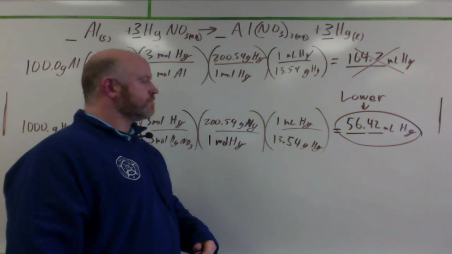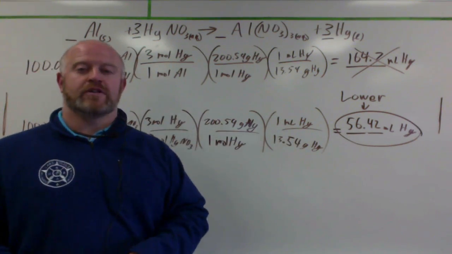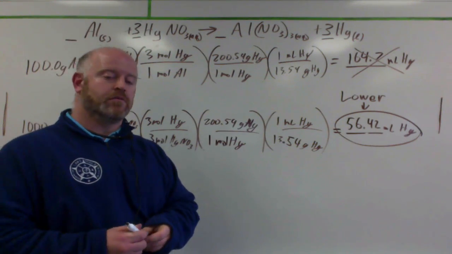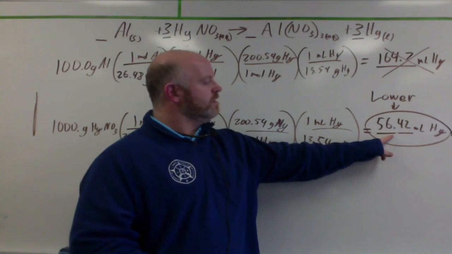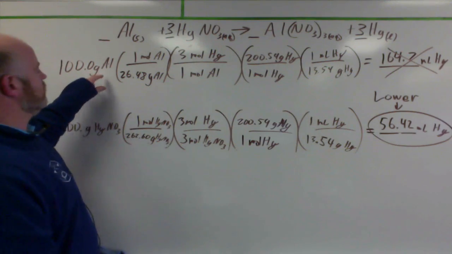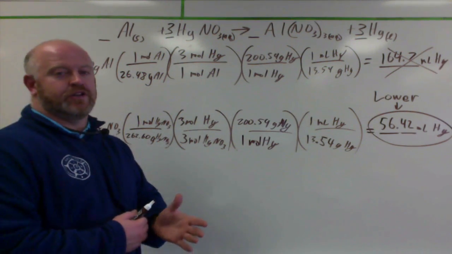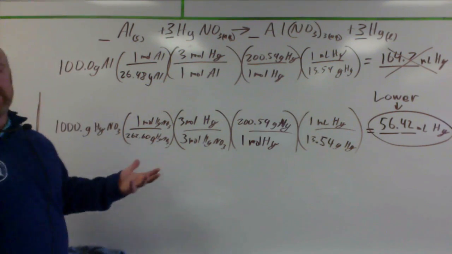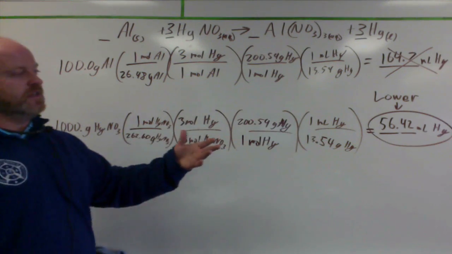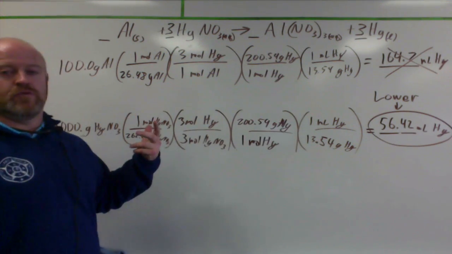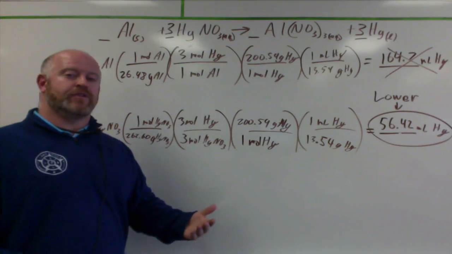Okay? Now, you could take it one step further and say, well, if this is how much we've made, how much of the aluminum was used? Because we didn't use all 100 grams. Some of it got wasted. So you could run the process and actually figure out how much was wasted. There's more than one way to do that.